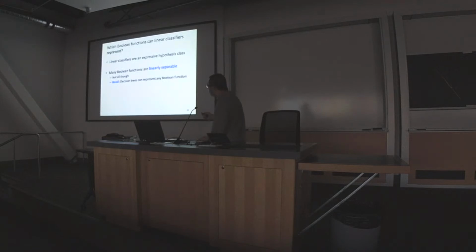We'll use Boolean functions as an example. What is a Boolean function? The inputs are all binary, and the output is binary as well. So we can view them as true and false or 1 and 0, whichever is fine. We see that many Boolean functions are linearly separable, though not all. But we know that decision trees can represent any Boolean function. So the decision tree is a typical nonlinear classifier.